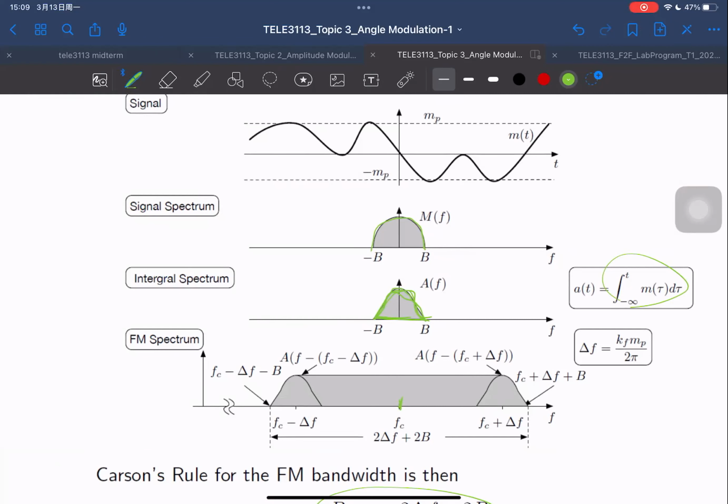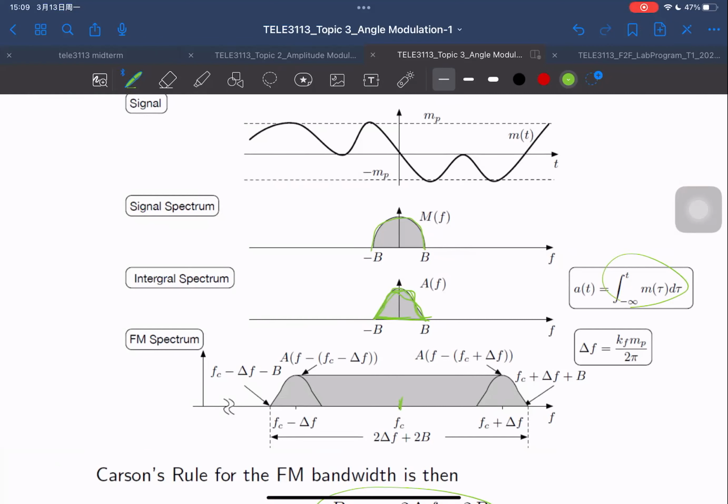But this one is all cosine terms, and they don't have any phase shifting, so the phase spectrum is just going to be 0 for all frequency components. Is that clear? Got any questions?